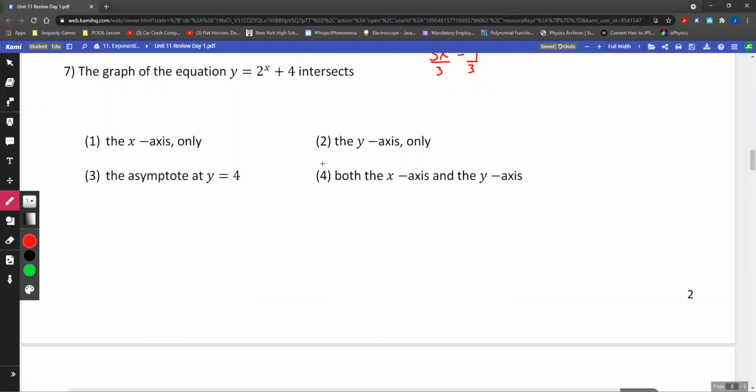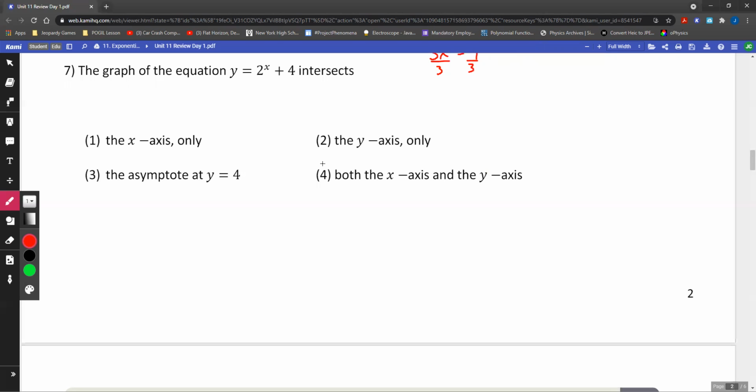All right, down here, they want to know where this graph intersects the x or y axis. So what you're going to have to do, there's a few ways to do it, but I'm just going to plug it into the graphing calculator.